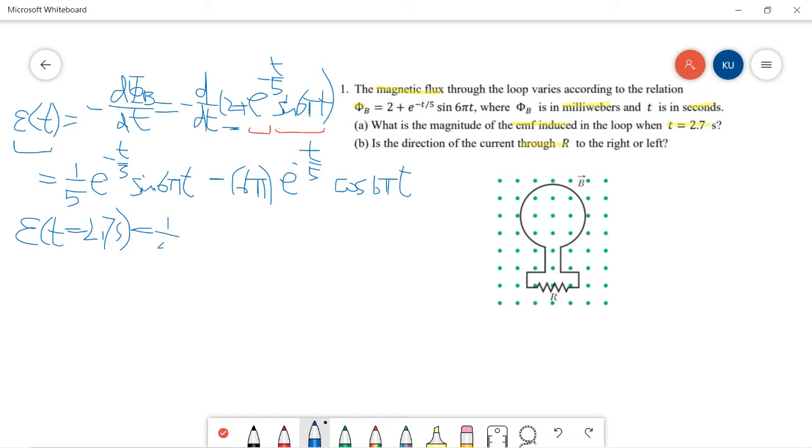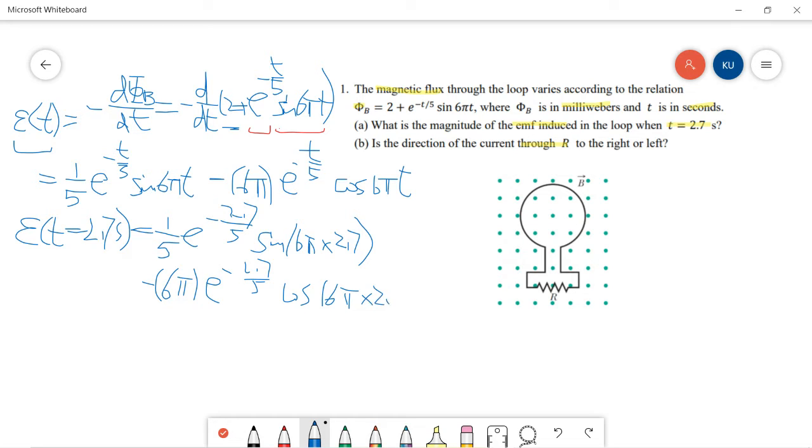So we have 1 over 5 exponential to minus 2.7 over 5, and then sine 6 pi times 2.7. And then for the second term, minus 6 pi exponential to minus 2.7 over 5, and then cosine 6 pi times 2.7.